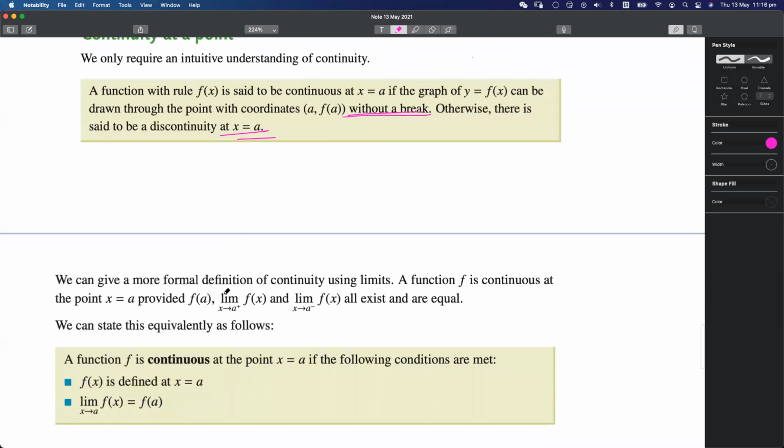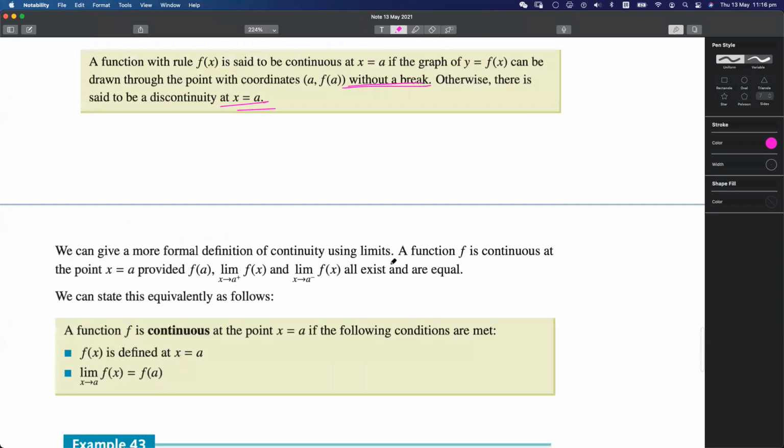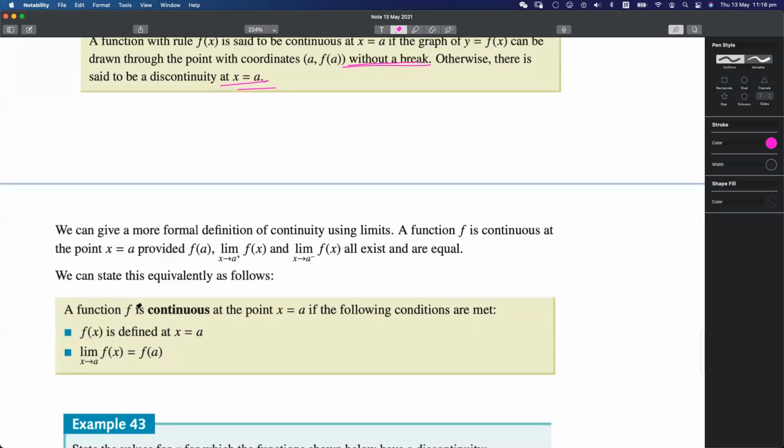We can give a more formal definition of continuity using limits. A function f is continuous at a point x is equal to a, provided f of a and the limits all exist and are equal. We can state this equivalently as follows. A function f is continuous at a point x is equal to a if the following conditions are met.